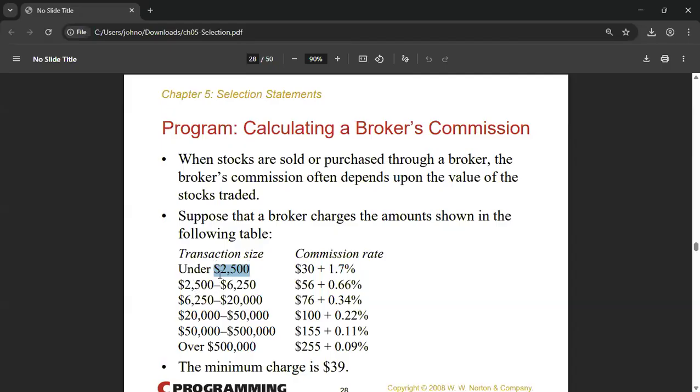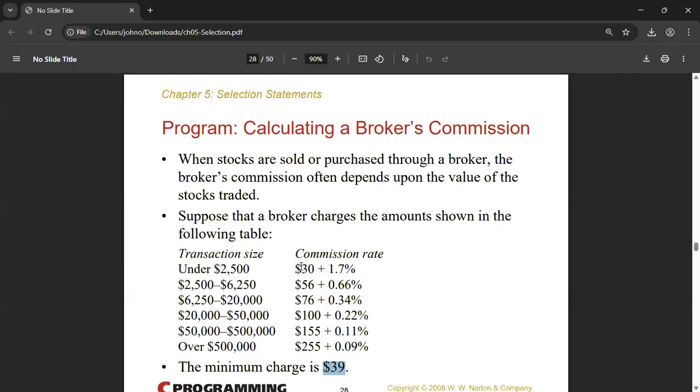If it is above 2,499 and less than 6,250, then there's a fixed amount of $56 plus 0.66% of the amount in this range. And under no circumstance would the stockbroker charge less than $39.